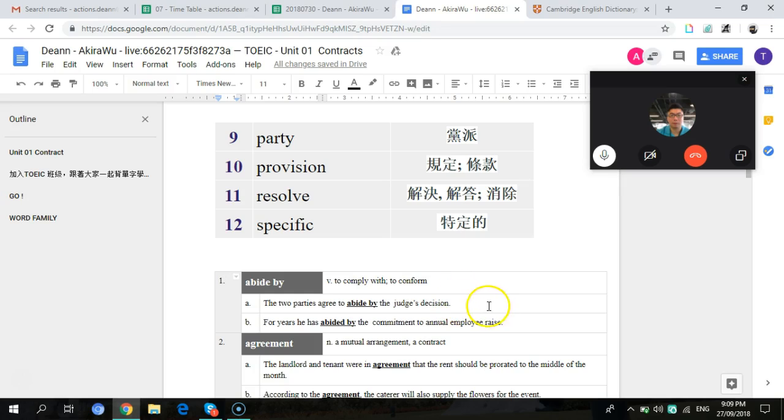Okay, how about letter B? He has abided by the commitment to annual employee raise. Okay, this word is annual. Annual.